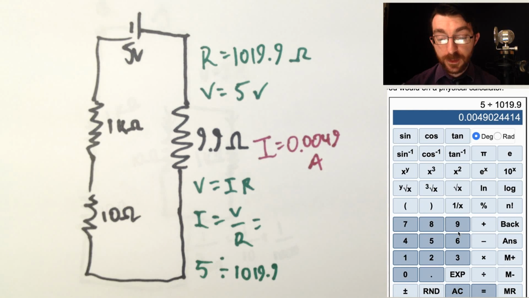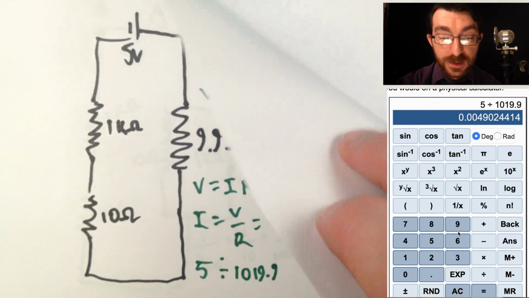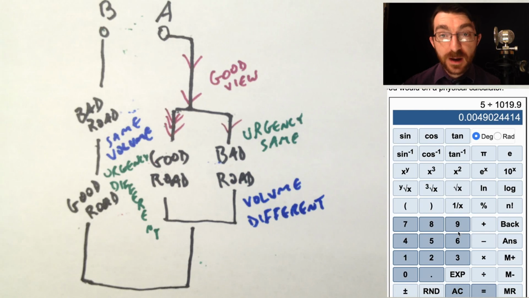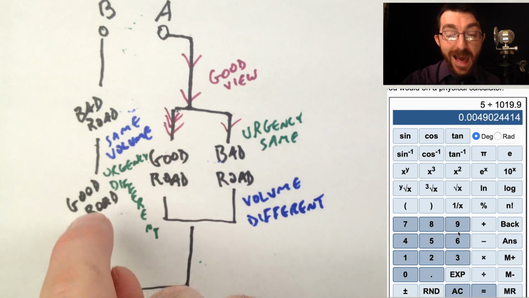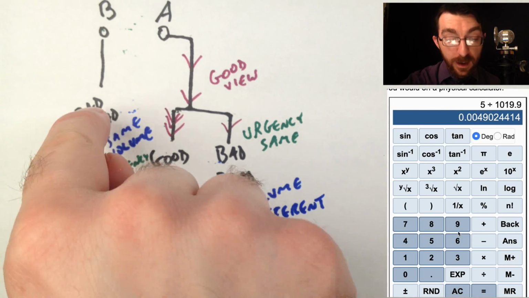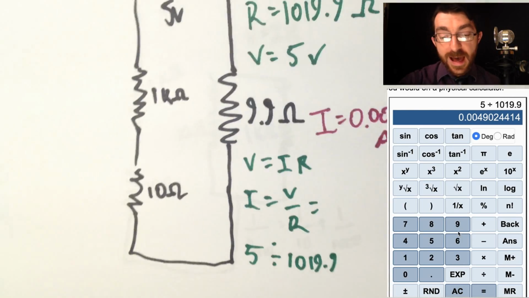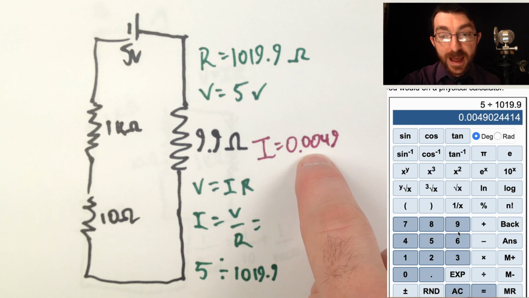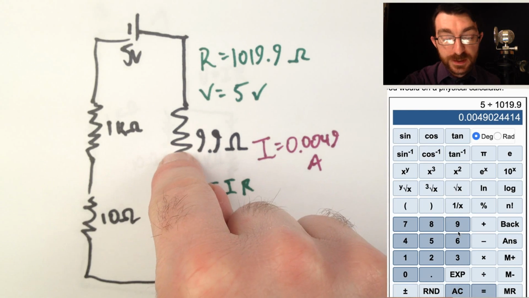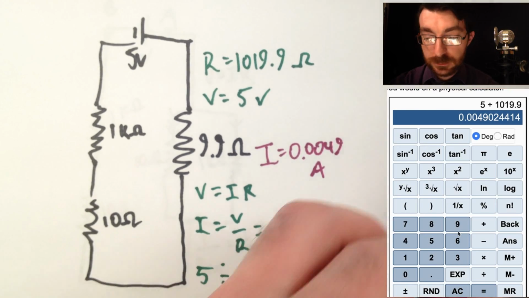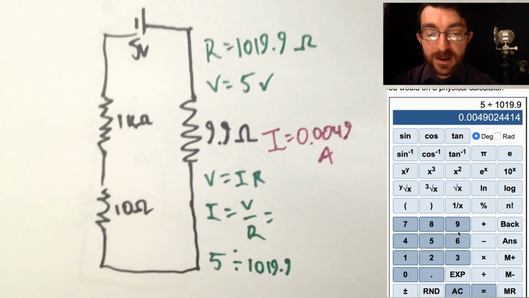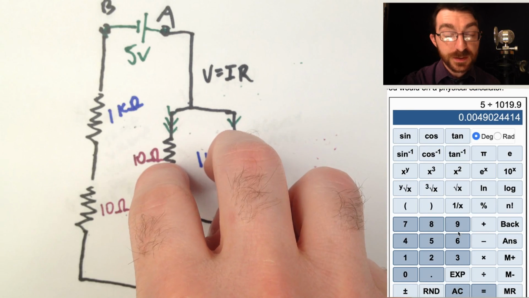Well, that means that 0.0049 amps had to go through this resistor, and through this resistor, and through this resistor. That amount of electricity had to go through each of those resistors. Just like you could say that amount of traffic needed to go through these roads, and this road, and this road. That amount of electricity had to go through this resistor, which is made of these resistors, okay?